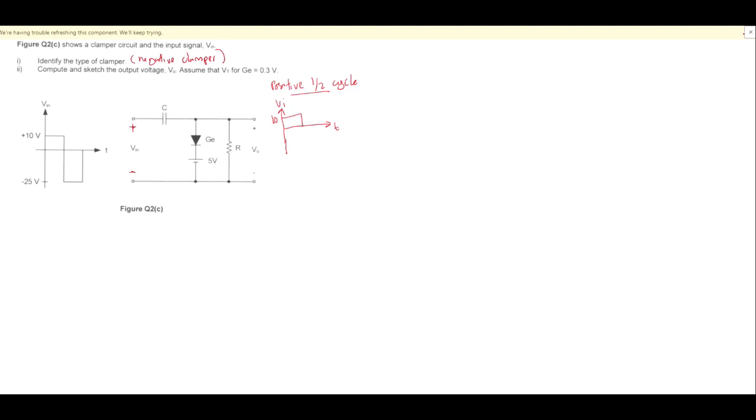So you can represent the diode symbol with a power supply symbol, as the germanium has a voltage of 0.3 volt. So you can redraw the circuit like this.